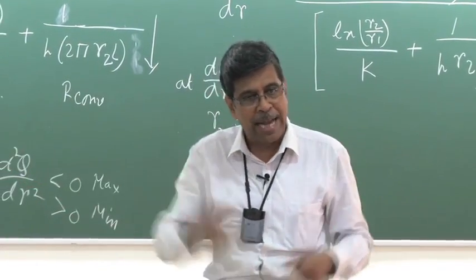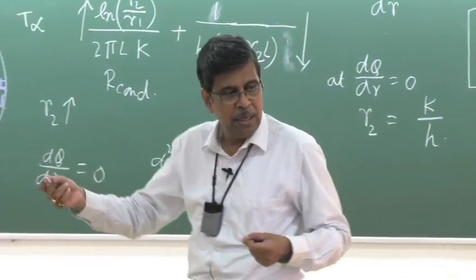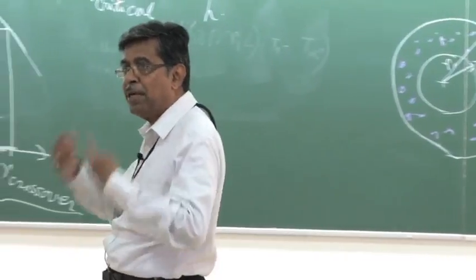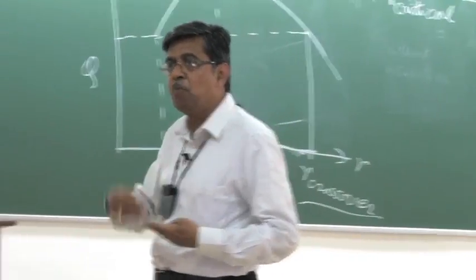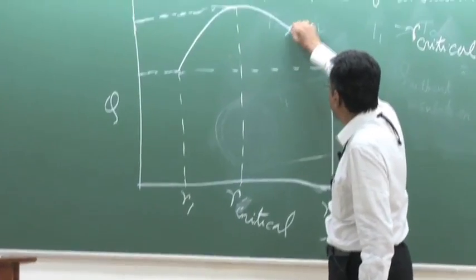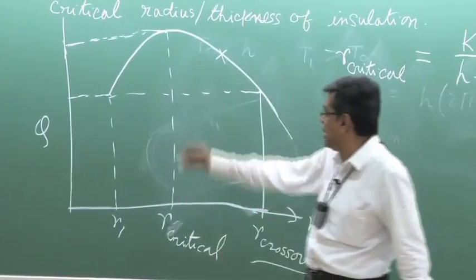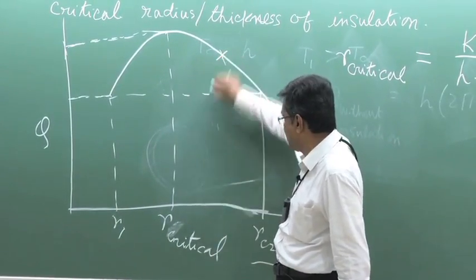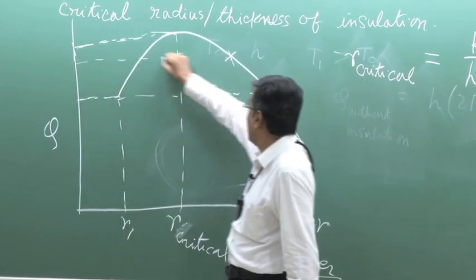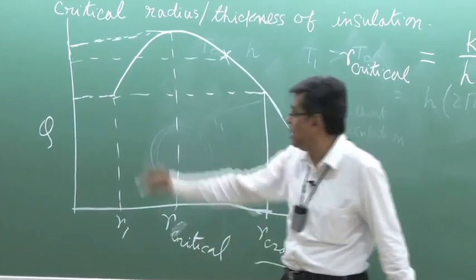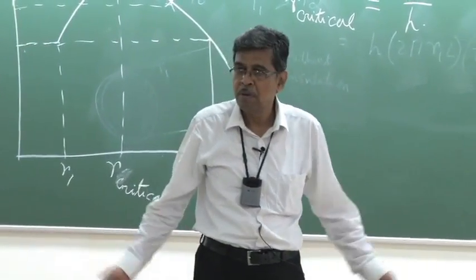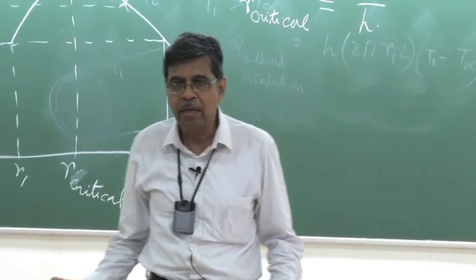I am interested in the value where it again comes to the heat transfer from the bare pipe, and I must know that value, so that my insulation radius should be more than that. Because if I know only this value and I am satisfied, my worker tells me, sir, the radius is this much, okay, this is higher than R critical, but still I get a value higher than the heat loss from the bare pipe. So therefore I don't gain.